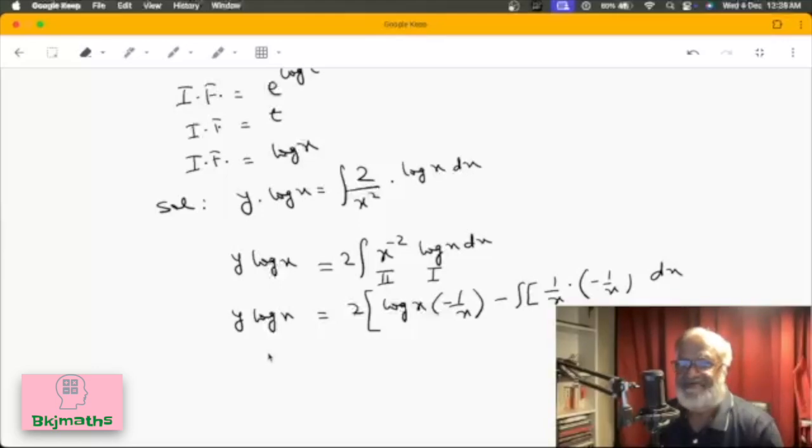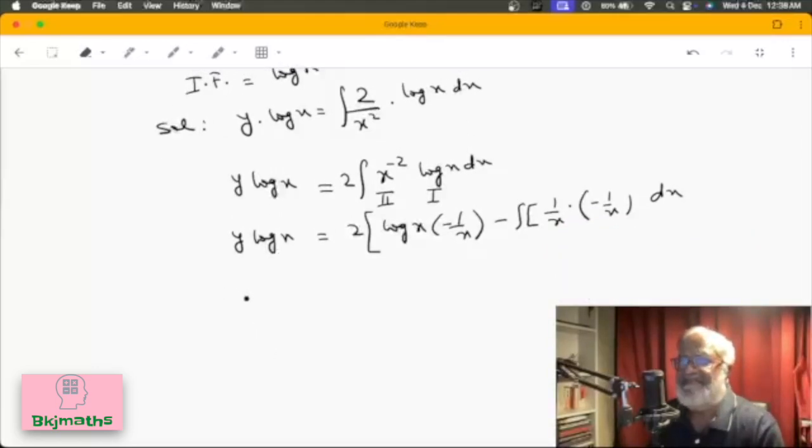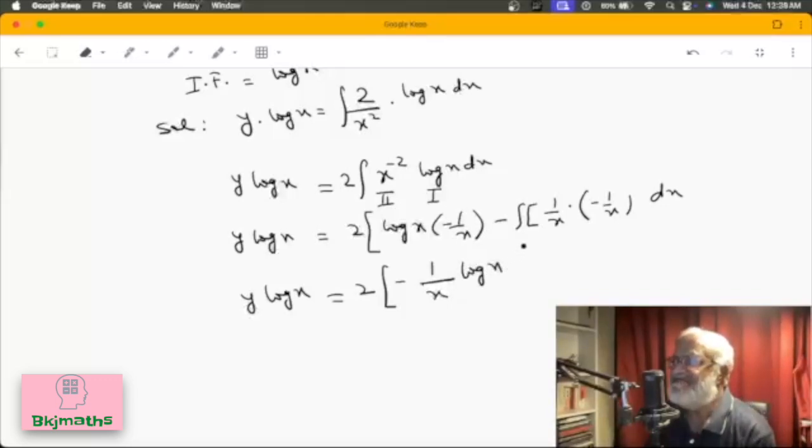So y log x equals 2 into minus 1 upon x log x. Now minus minus plus, so 1 upon x square.